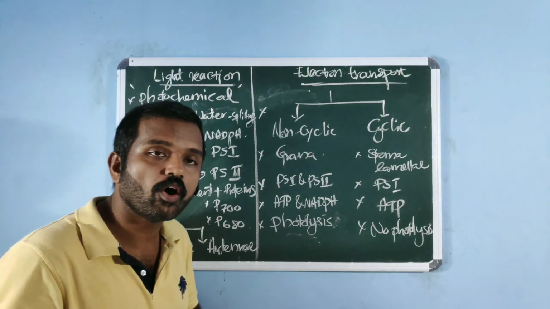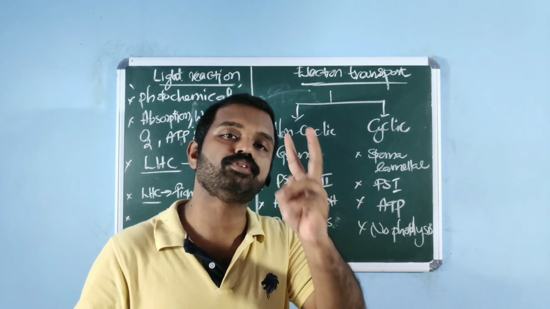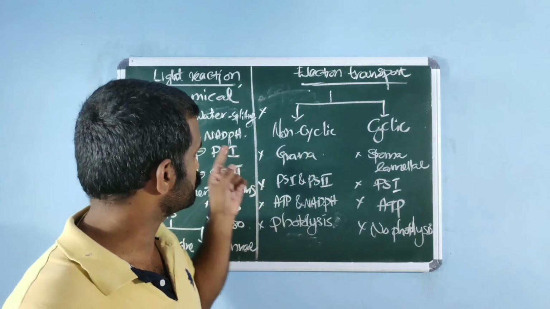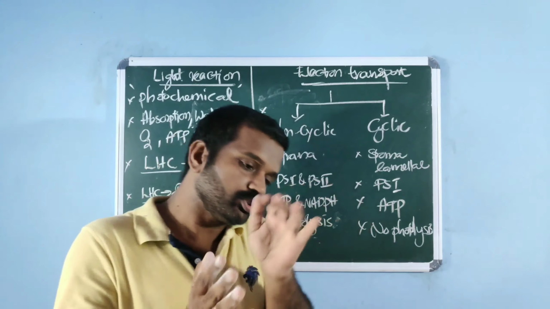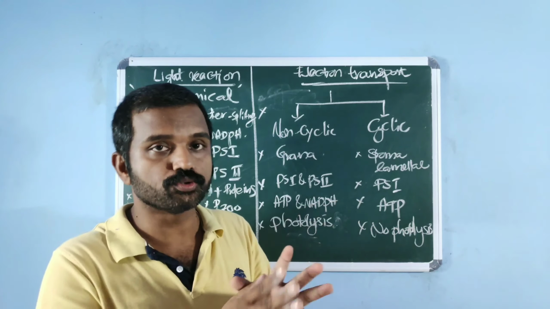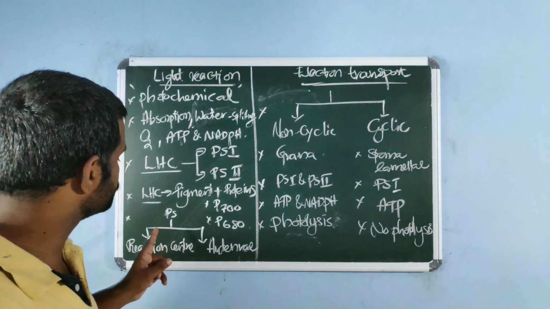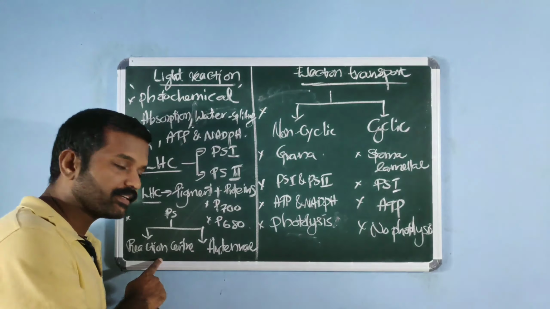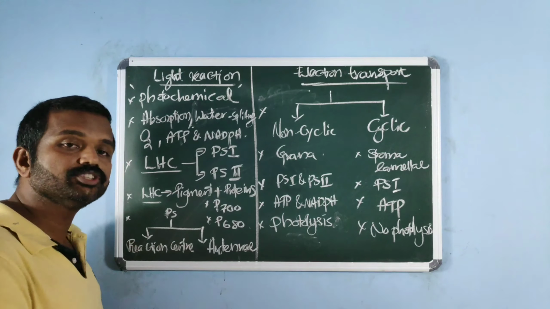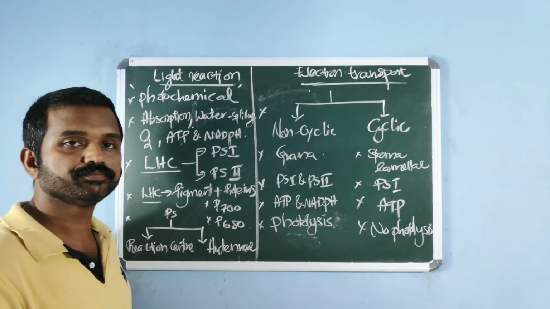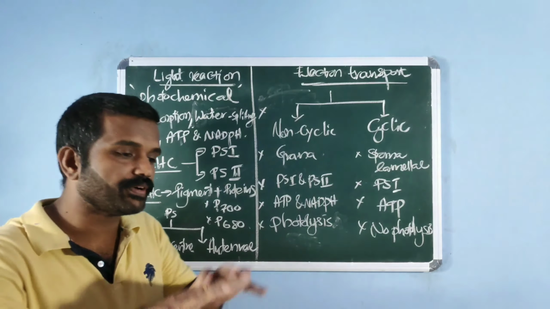This light harvesting complex is organized into photosystems named photosystem 1 and photosystem 2. Each photosystem, whether 1 or 2, has a reaction center and antenna complex. The reaction center consists of chlorophyll A molecule. The antenna complex consists of other pigments.